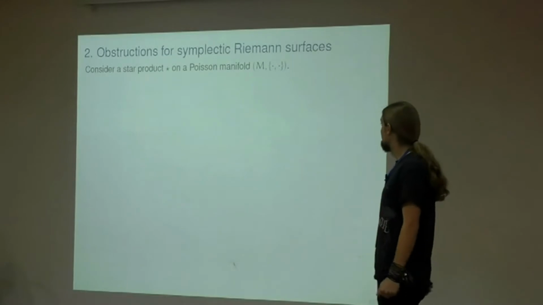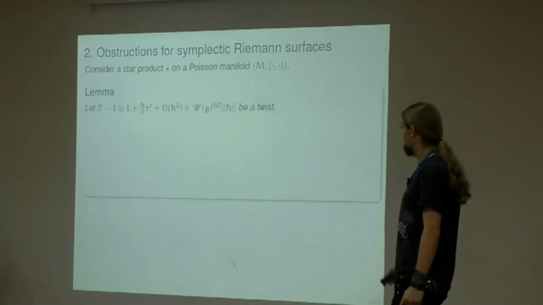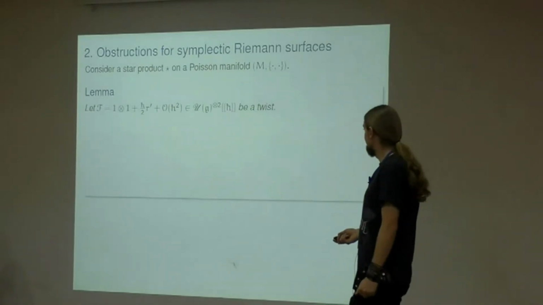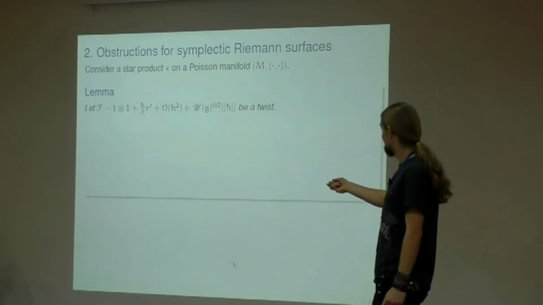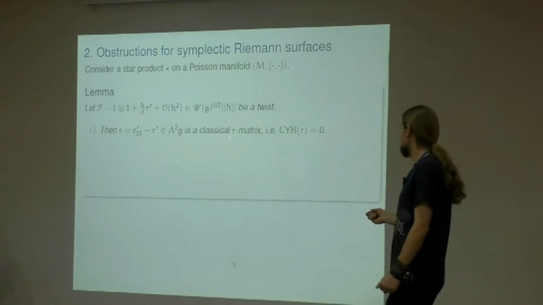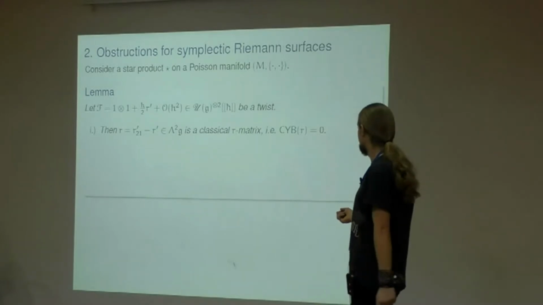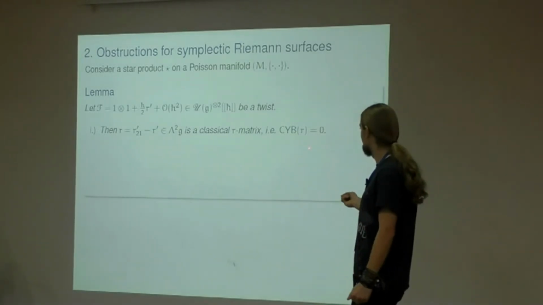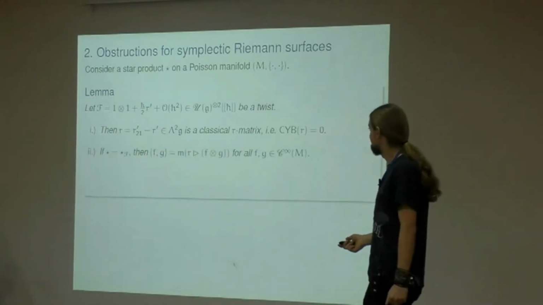We fix a star product on a Poisson manifold. What we can prove is that the first order of a twist, if we denote this by R prime, is actually a classical R matrix, which means that it satisfies the classical Yang-Baxter equation, R equals 0, which will be needed later.